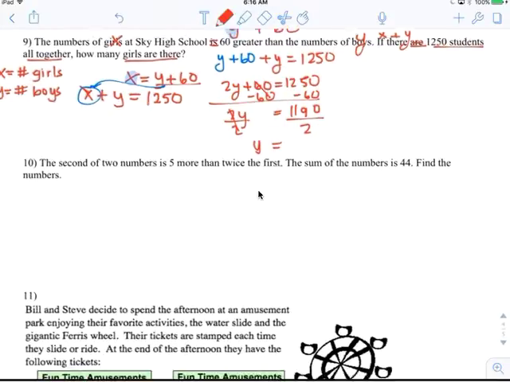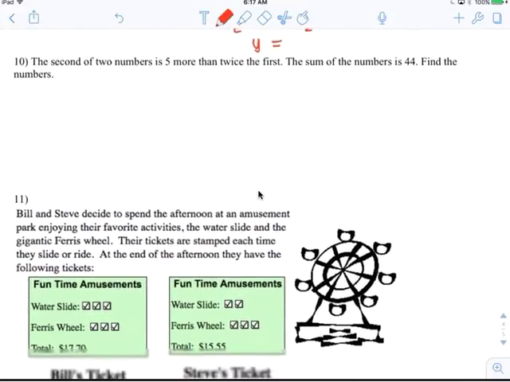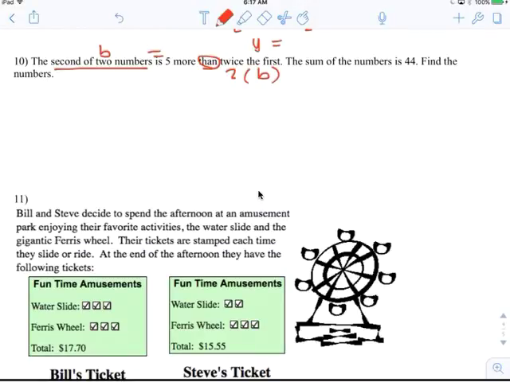Okay. The second number is 5 more than twice the first. The second of the two numbers, we're saying B. The first number is A, right? 5 more than twice, 2 times the first.